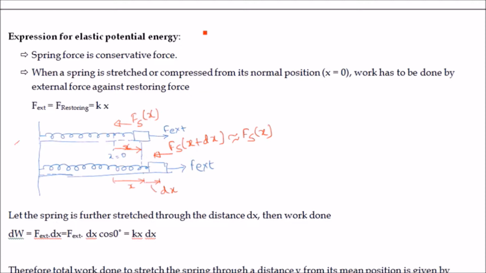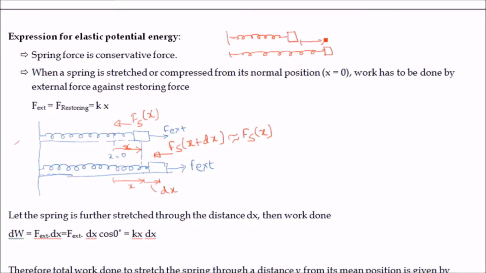the process depends upon the final point and the initial point, or the work done by the system in case of conservative force will depend only on the initial point and the final point. Suppose I take a spring and stretch it by a distance equal to x.